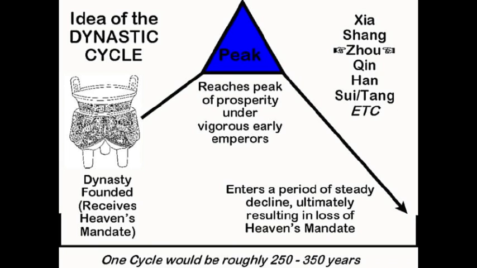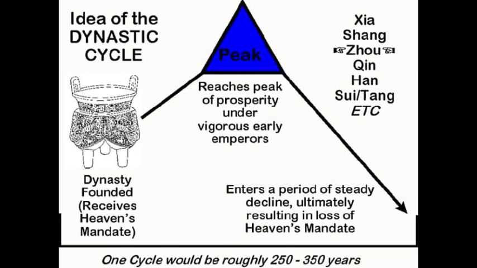The mandate of heaven is part of the dynastic cycle. The dynastic cycle is basically the pattern of rise and fall of dynasties in China, and it's a clear, distinct pattern. It starts off with a new dynasty that's strong, everything's going great.